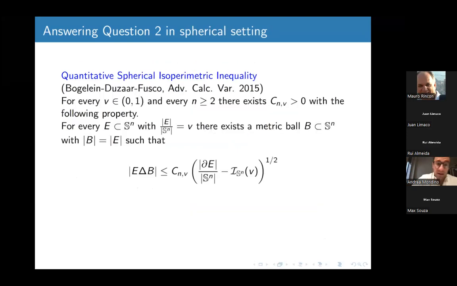All right, so this is in the Euclidean setting. Now, what happens when the ambient space is the sphere? What can we say on the set E if it almost achieves equality when the ambient space is a sphere? Well, this was investigated by Bögelein, Duzaar, and Fusco, and what they prove is basically the analog of the Euclidean counterpart. So they prove that for every volume V and for every dimension n, there exists a constant with the following property.